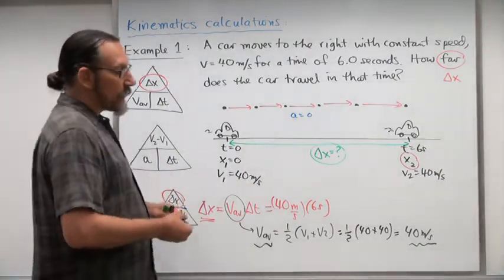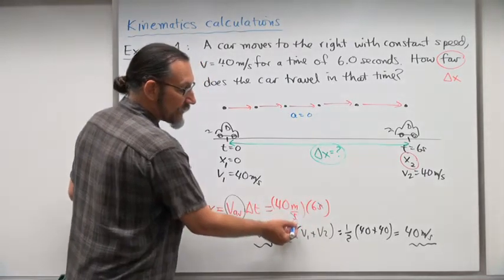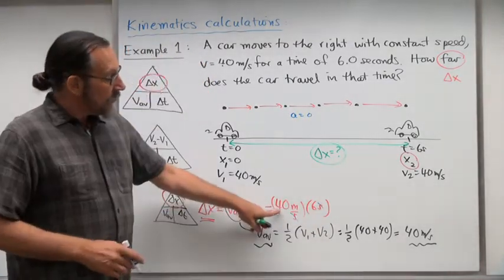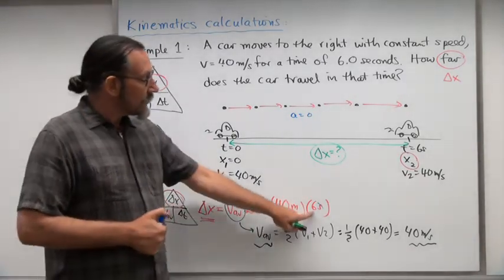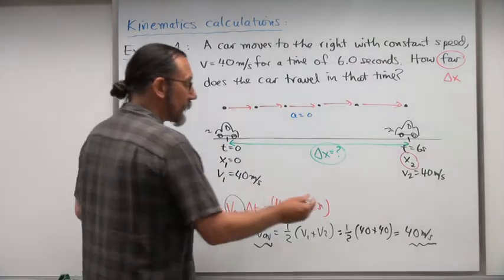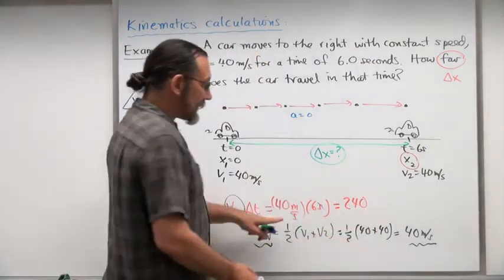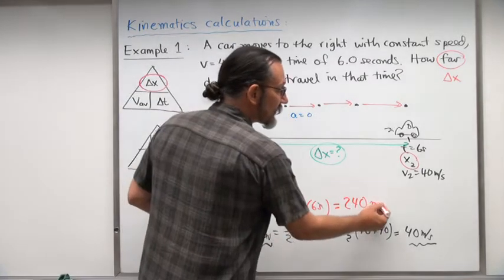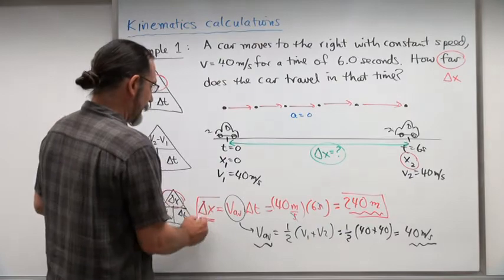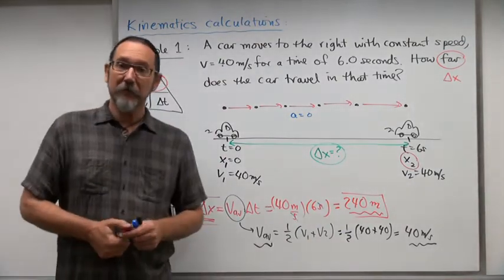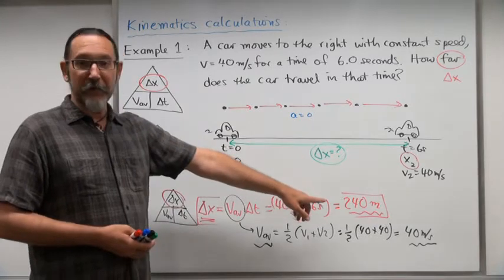But this one time I'm going to show it, because you can see the seconds are on the top here, seconds are down below there, we can forget about them. Always just multiply the numbers first, right? Forget about the units to begin with. So 6 times 40 is 240. And the distance that we have left, the units, are meters. So this says that this car, after undergoing this kind of motion for 6 seconds, will have traveled 240 meters.